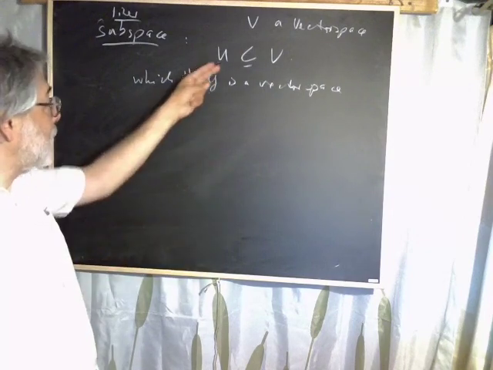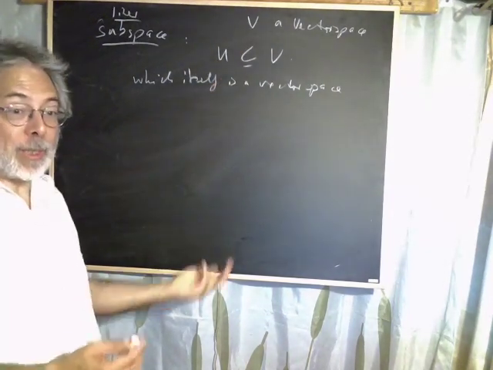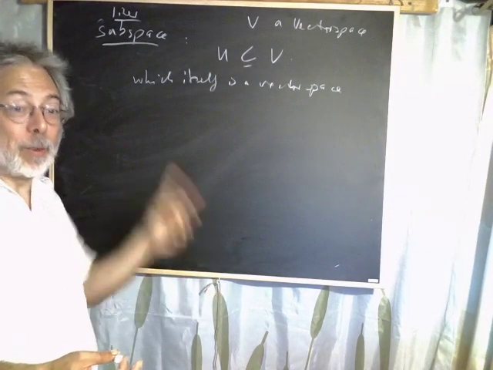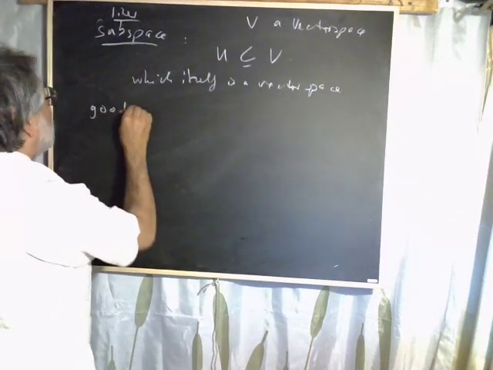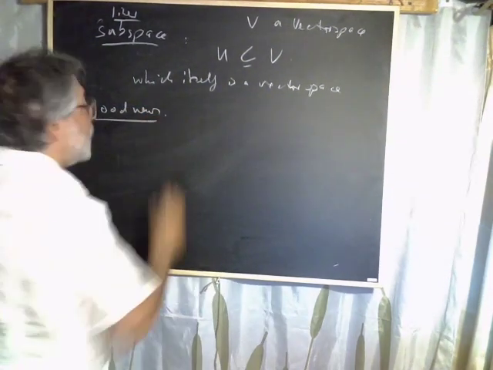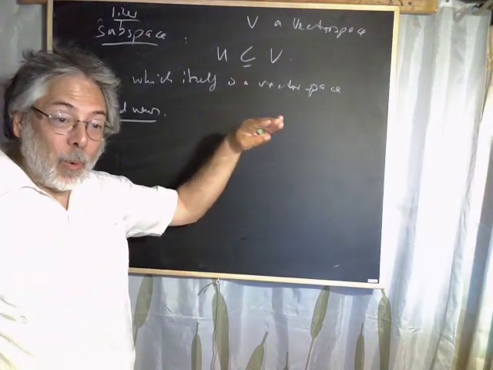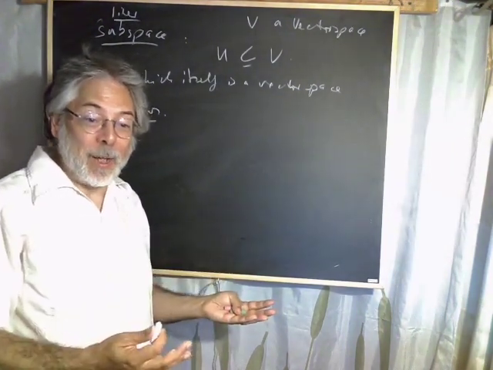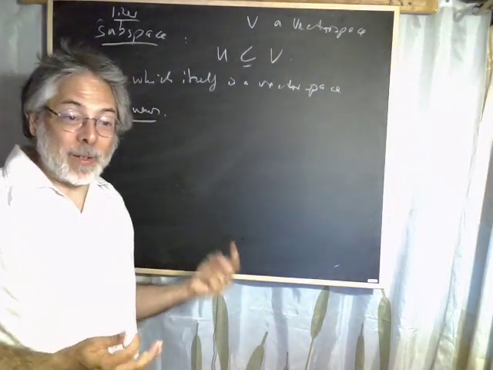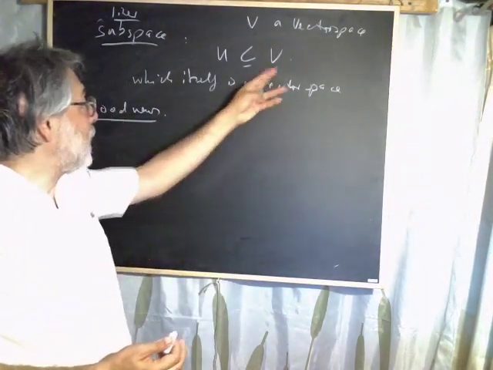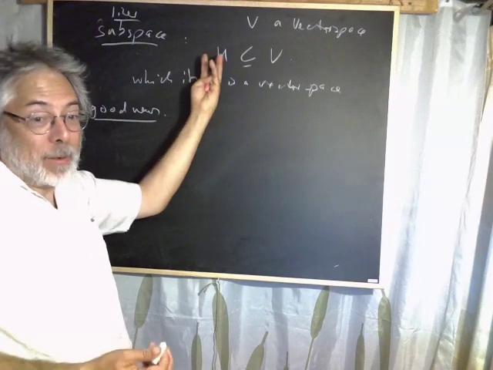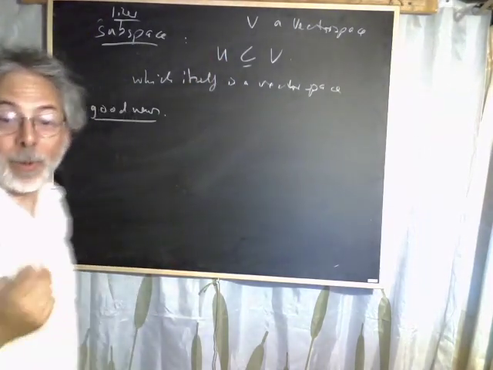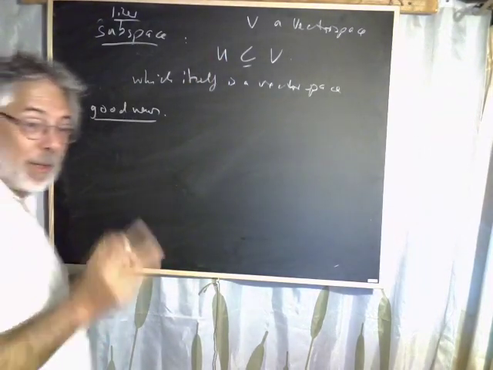So if you have a subset of a vector space, you want to check, is it a vector space? Well, there's good news. You don't have to check the whole list of laws that need to be satisfied, because many of those laws are satisfied already in V, and then they're satisfied in U also. But one thing, the existence of things, these have to be satisfied.